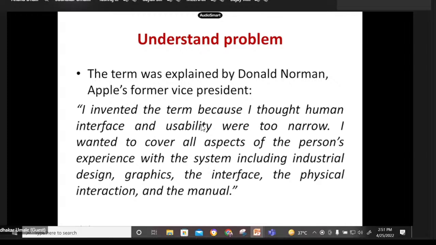I invented the term because I thought human interface and usability were too narrow. I wanted to cover all aspects of the person's experience with the system, including industrial design, graphics, the interface, and the physical interaction and the manual. I have covered all these things, and he mentioned the code for how to understand the problem.